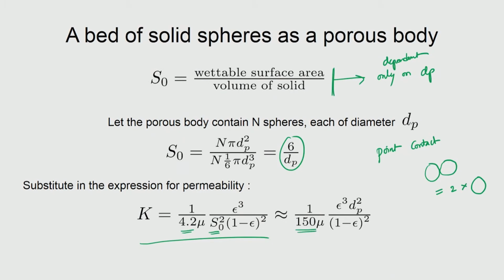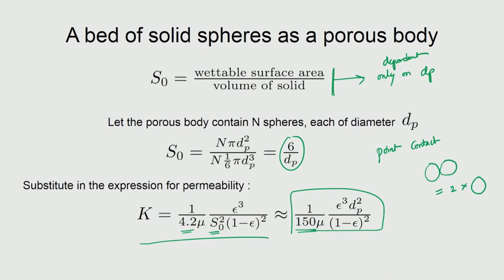So which means that we now have an expression also where the porous body is made up of uniform spheres of same diameter dp. Okay, so the K, that is permeability coefficient, is now available for us as an analytical expression with epsilon and dp that are there.